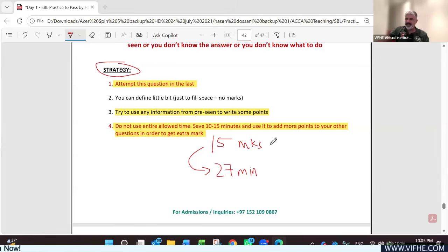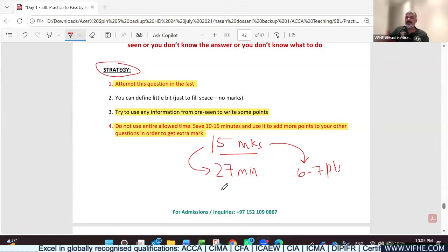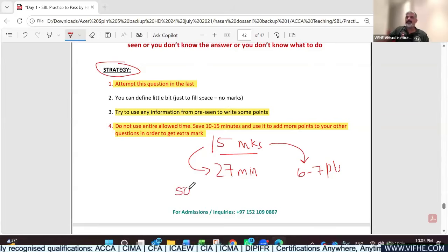And how many points am I supposed to write for 15 marks? 15 divided by 2, 7.5, so 6 to 7 points. But if it is a bouncer question, I will consume 50% of the time and I will write 50% of the points.